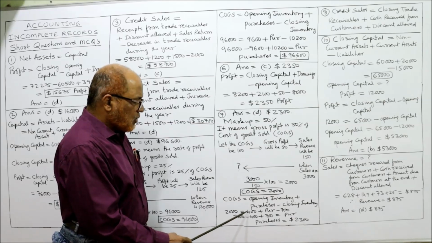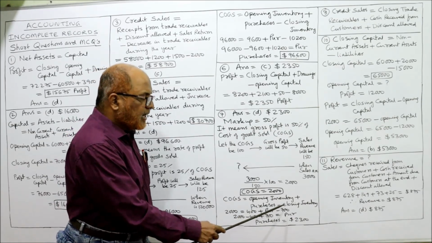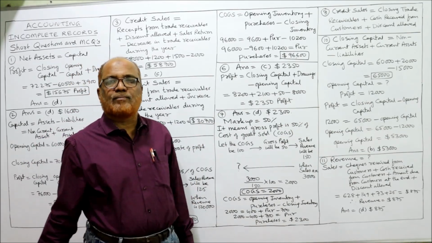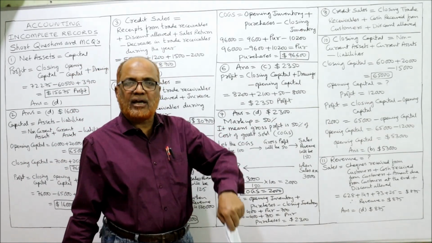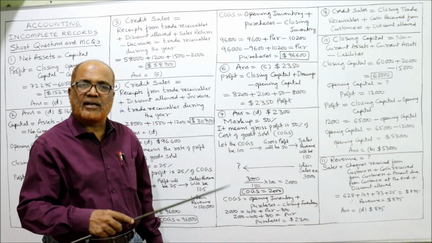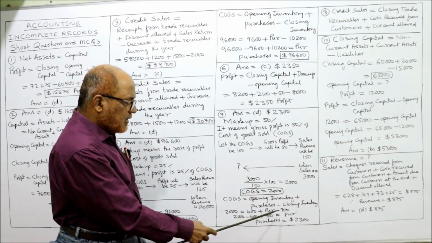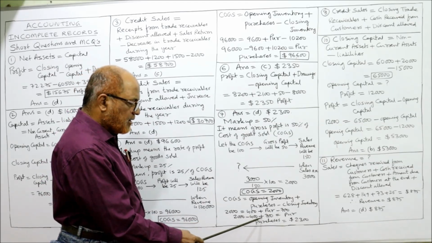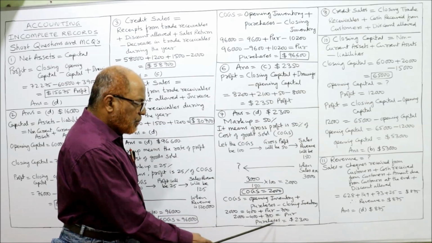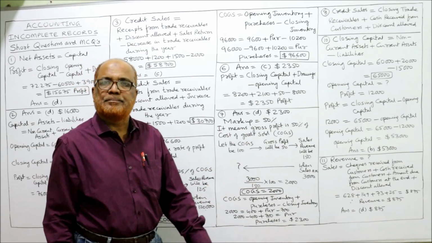So 2000 is equal to 400 plus purchases minus 700. Bring this 400 and 700 to the LHS, from the RHS. So the sign will change: plus will become minus, minus will become plus. So 400 will become minus 400, and minus 700 will become plus 700. So purchase is equal to 2370. That is the answer, D.